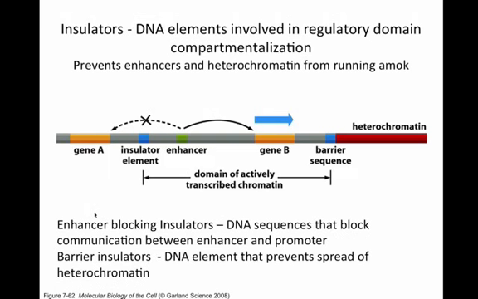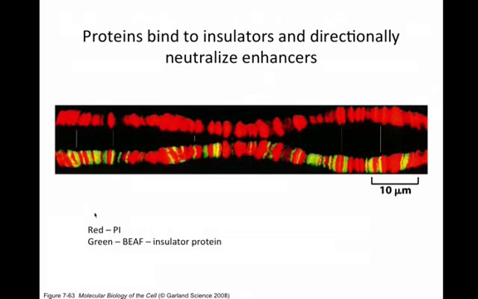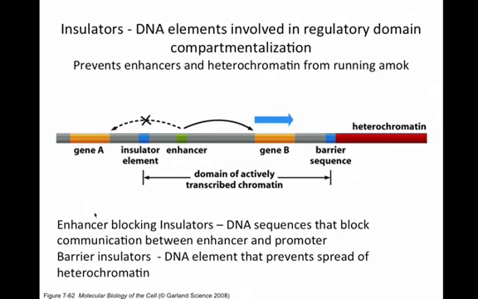So you might have heterochromatin here, but you don't want it to spread. Remember, it spreads easily because these reader-writer complexes just recognize and modify, recognize and modify. Something needs to stop that from happening. So there are these insulator elements. Whenever you think of DNA elements, you need to think about what binds to them and what's happening.